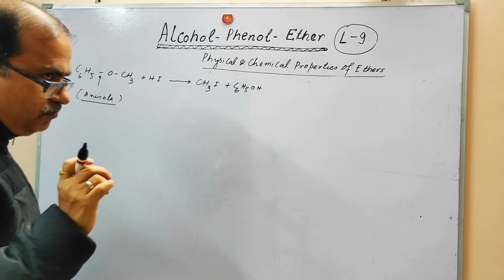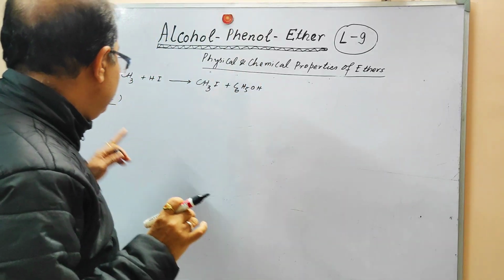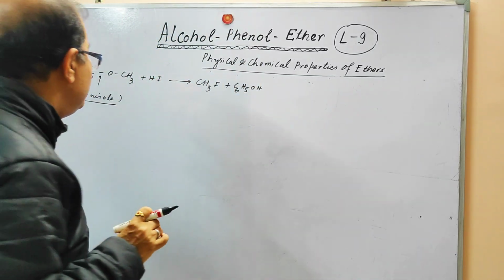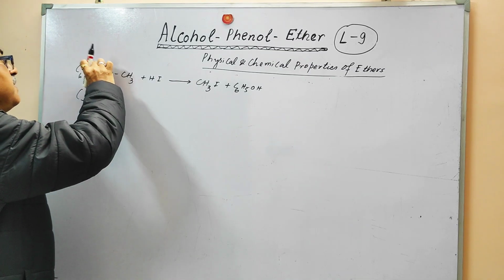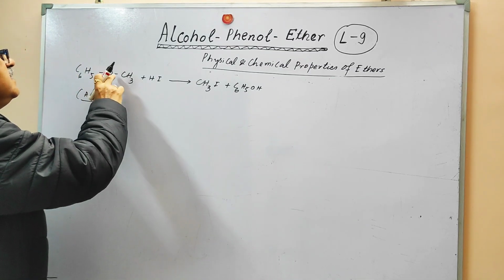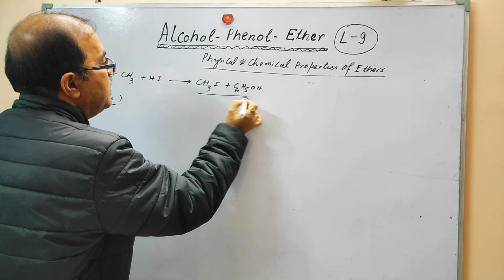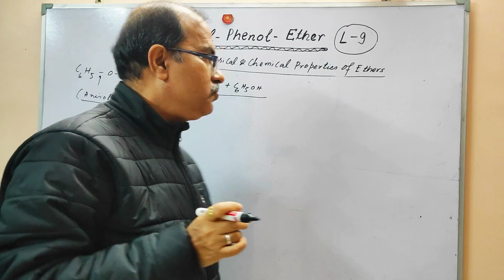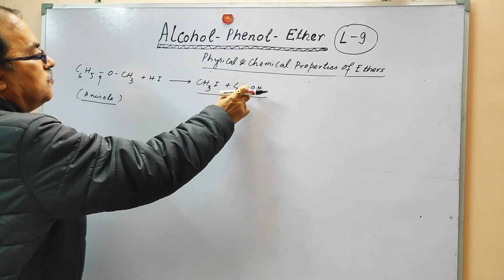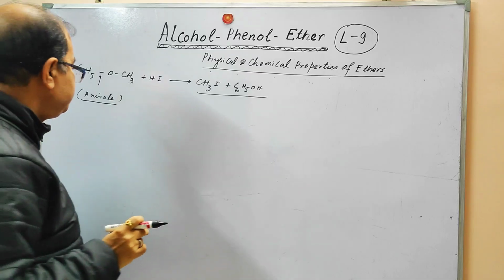The bond between the oxygen and the benzene ring is much stronger due to the double bond character imparted to this bond, whereas this other bond is a weak bond. So every time we will find this product. Okay, so for phenolic ethers you can see it should be phenol and the other alkyl halide.